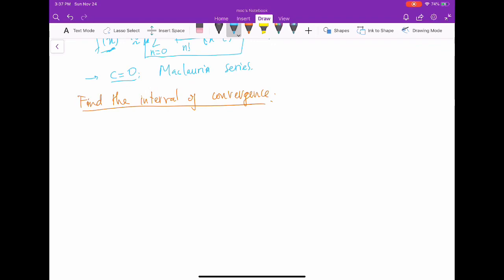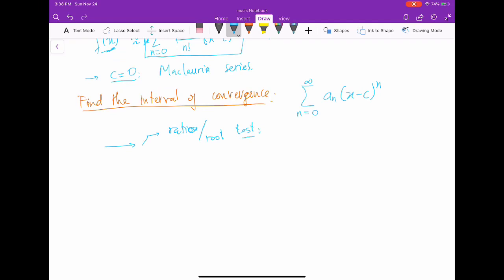Okay, so let's consider a general series, the sum of a_n (x minus c) to the n, from n equals 0 to infinity. In order to find the interval of convergence, we need to do some steps. The first step, we need to use the ratio or root test.